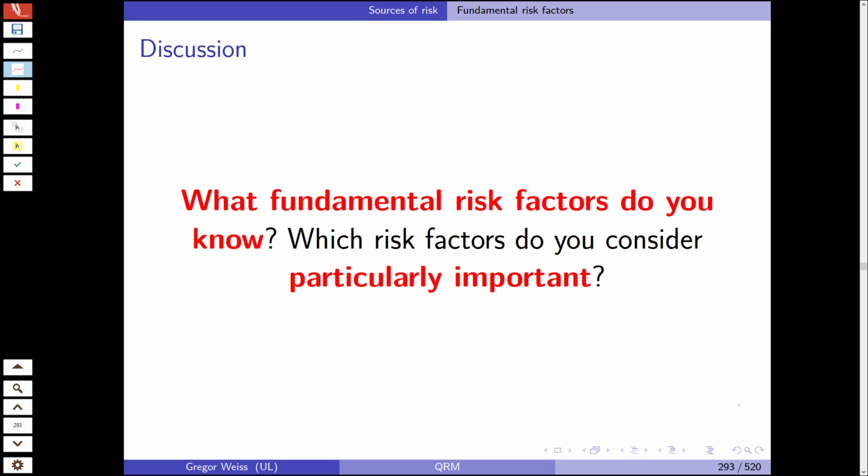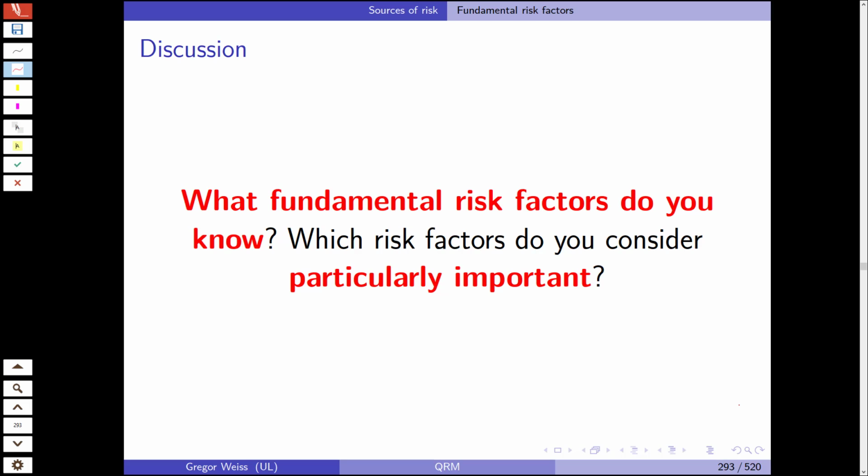For a short discussion, what fundamental risk factors do you know? Which risk factors do you consider particularly important? Any ideas? We've already seen market prices, default rates, interest rates. I guess these are the most important ones.